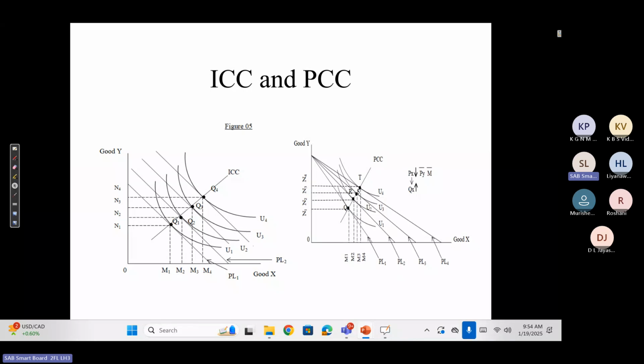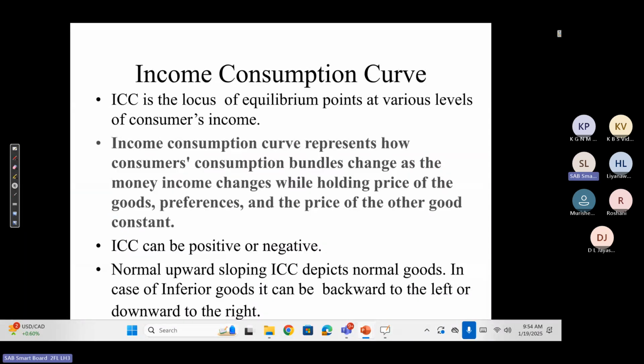Now, if you look further at the income consumption curve, it explains the equilibrium points at various income levels as money income changes. Combining those equilibrium points, we derive the income consumption curve.